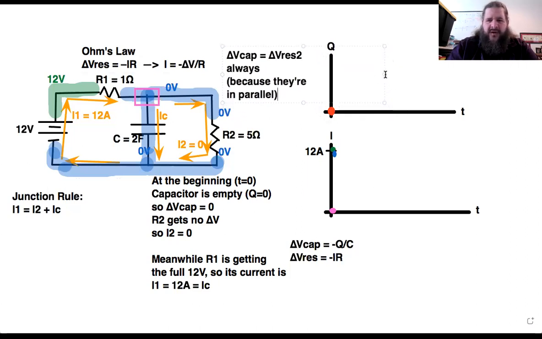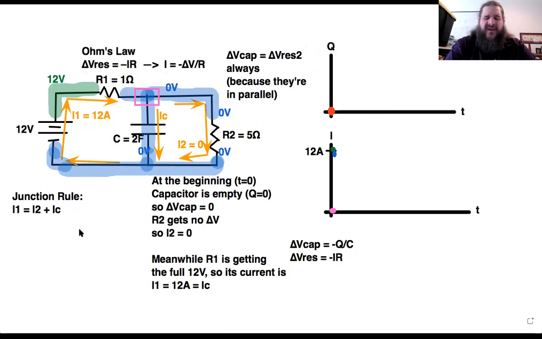For other circuits, of course, that's not necessarily true, depending on how the circuit is set up. But in this circuit, as time passes, things are going to change. But no matter what, the capacitor and resistor 2 have to have the same voltage as each other because they're in parallel. Is that true for all parallel circuits? Yeah, in general, anytime you've got two branches in parallel, both start at the same high voltage and both end at the same low voltage.